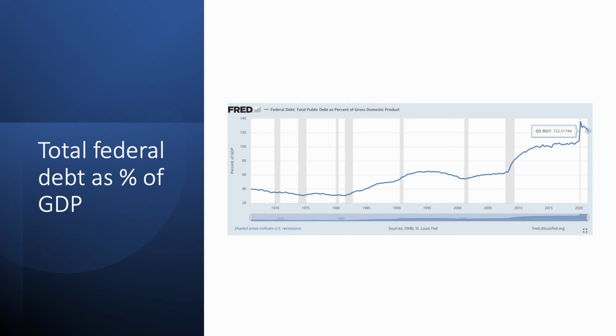But right now our total debt is more than the annual gross domestic product. We owe more total than an entire year's gross domestic product of the country, and that's not good. However, on the good side, if you look at the very end, it's starting to go down. Federal debt as a percentage of the GDP is finally starting to go down. And so perhaps that will continue. That would probably be a good thing.